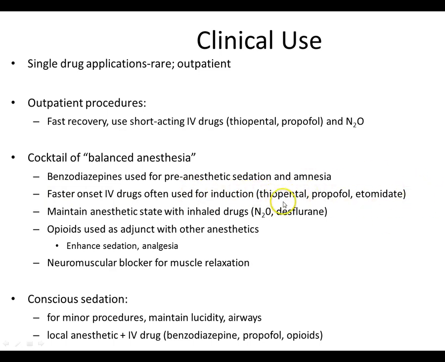And again, issues like cardiovascular disease, intracranial pressure would determine which of these were better or worse. You can maintain the anesthetic state with inhaled drugs, nitrous oxide or desflurane. And then opioids would commonly be used as an adjunct to enhance sedation, to enhance analgesia, and to manage postoperative pain. And then finally, neuromuscular blockers are typically used for muscle relaxation, typically depending on what kind of physical manipulation of the body cavity needed to happen during the surgery.